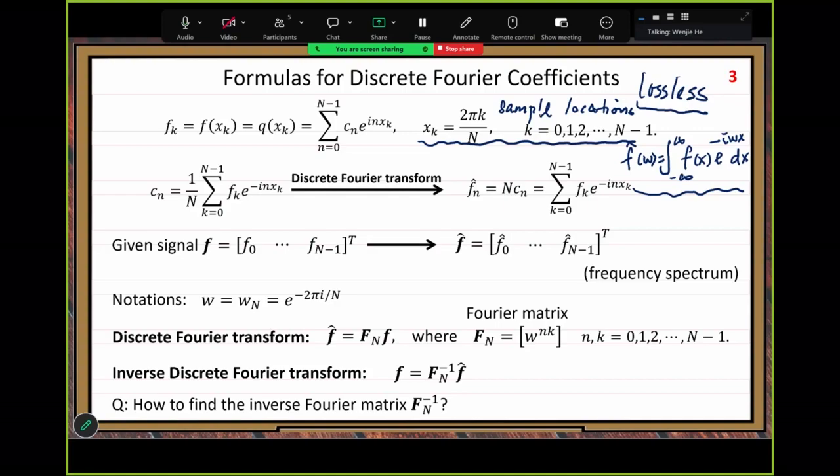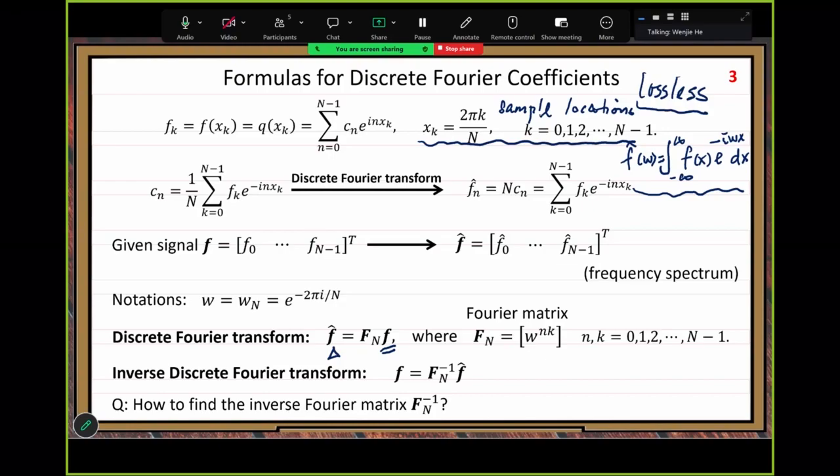Here, this is our concise representation: matrix multiplication. Input a vector, output also a vector. Boldface little f is the input vector, and this is the output vector.